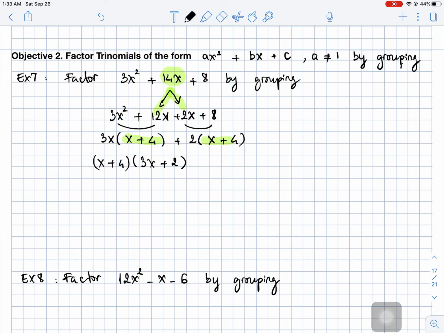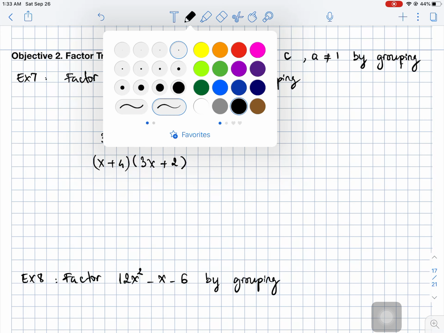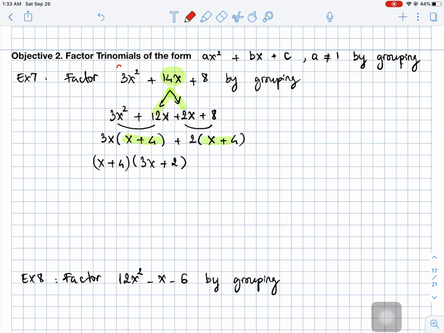So now the question is, how do I know that I need to break 14x into 12 and 2? We have a formula to do that. Let me call A for 3, B for 14, and C for 8.